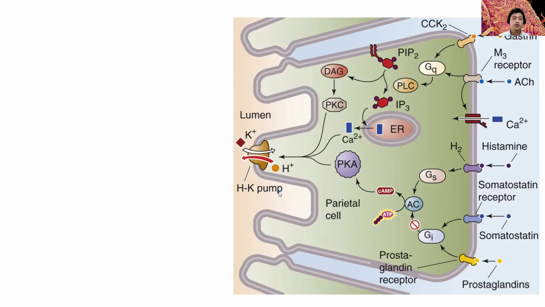The proton pump functions by throwing proton into the lumen and reabsorbing potassium. The proton pump becomes more active. It secretes more acid when you have gastrin, acetylcholine, and histamine acting on their receptors, which are found in the basolateral aspect of the parietal cell. Okay. Again, what is the function of your acid? It will activate your pepsin and it will act as a catalyst in the stomach, causing digestion.